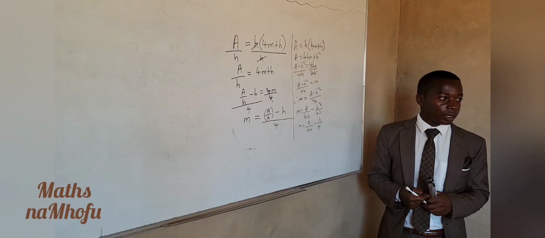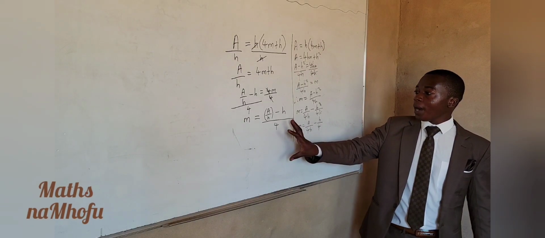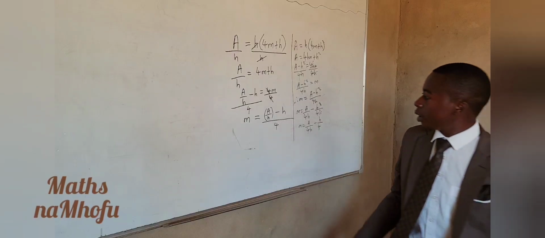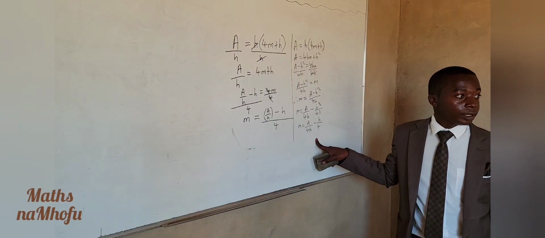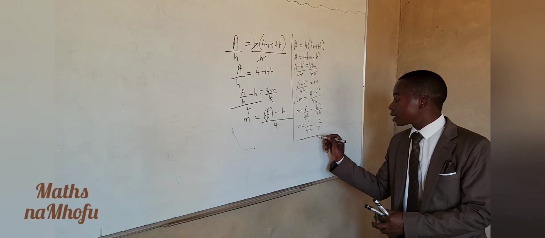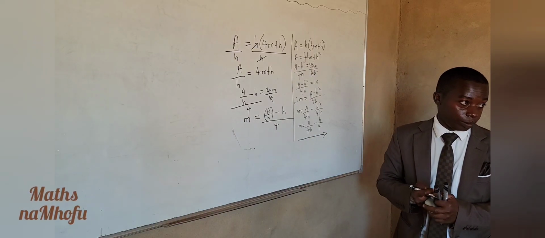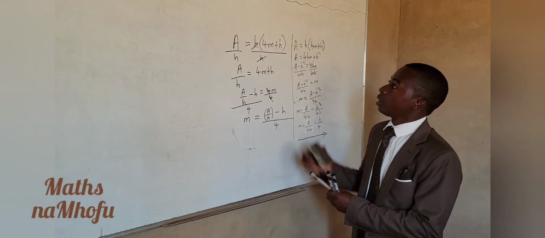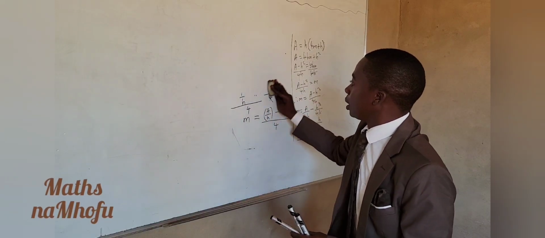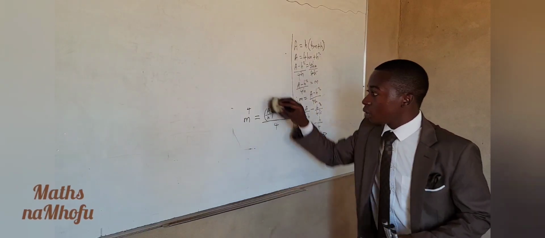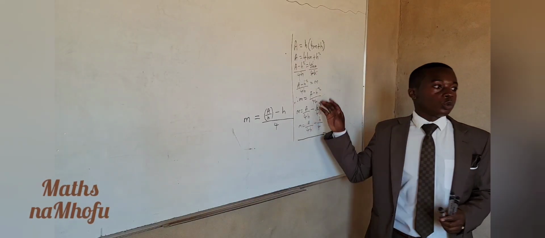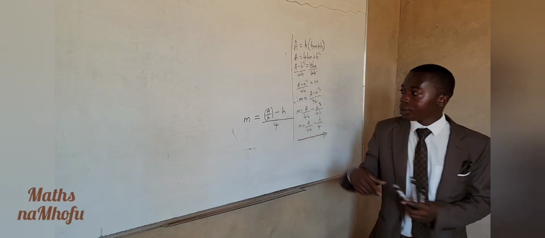Are we together? And then this part, to simplify it, it's a bit long, but let me show you. So this is our final answer, right? And I want us to simplify this to get to this answer as well. I'm going to take it from here. Remember, I told you that it wasn't complete. So in this case, this one probably was going to be better for you, isn't it? Compared to this one.